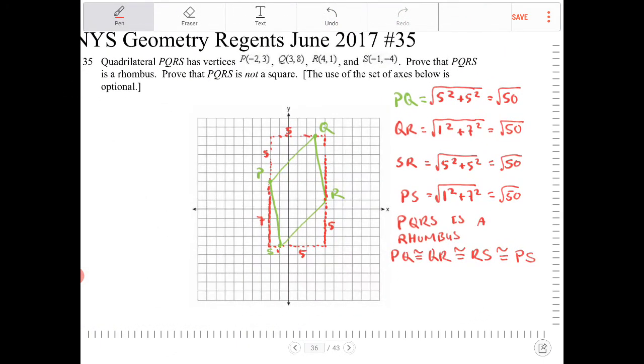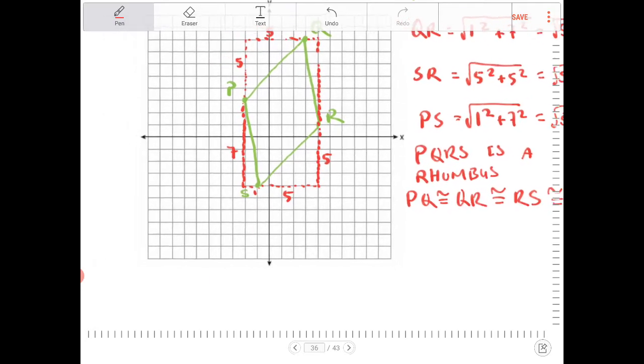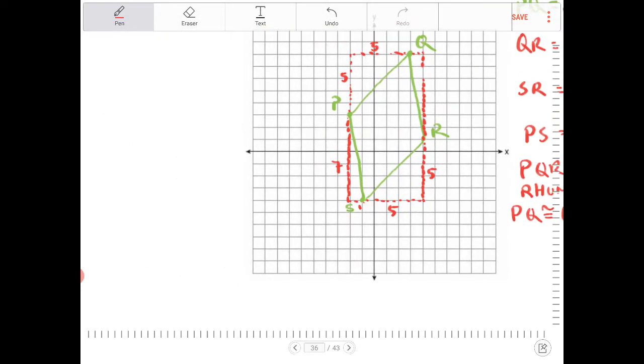All right, the second half of this says prove that PQRS is not a square. So if one of the angles is not 90, then this quadrilateral cannot be a square. So what I'm going to do is find the slope of PQ.